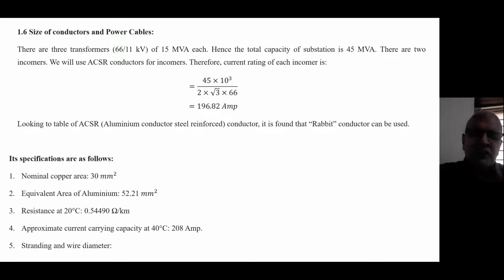Standard ACSR conductors are zebra, mole, tiger, rabbit, and squirrel. Like that, the conductors are there. The reason I don't know. But once you say I'm using a tiger conductor, its dimensions are fixed and everything is fixed. It is a standard conductor. So everything about that conductor, the table is giving.